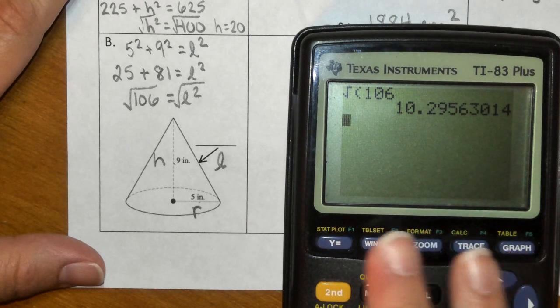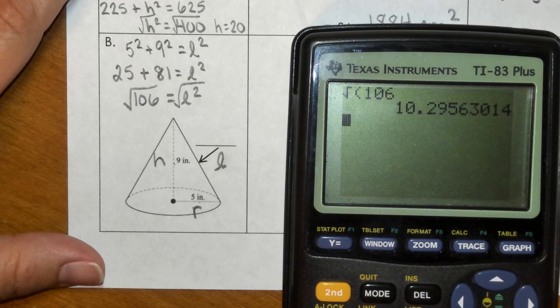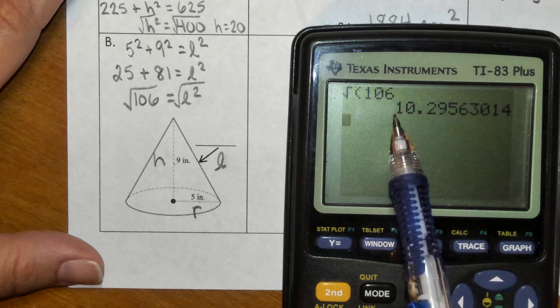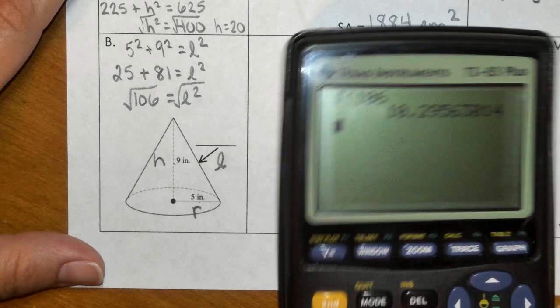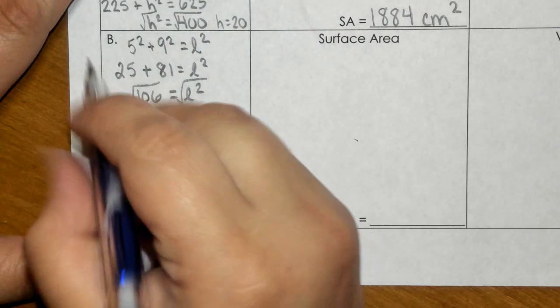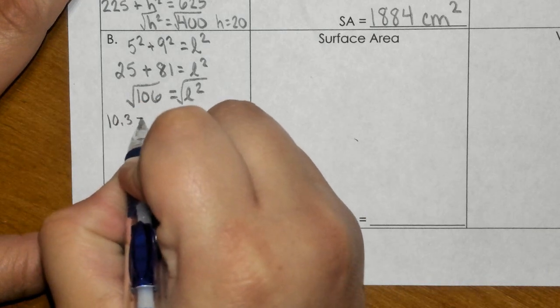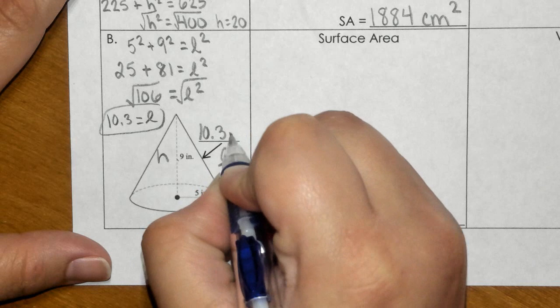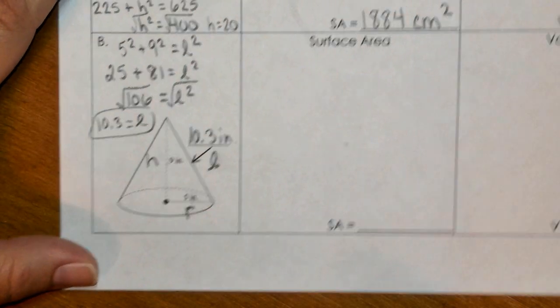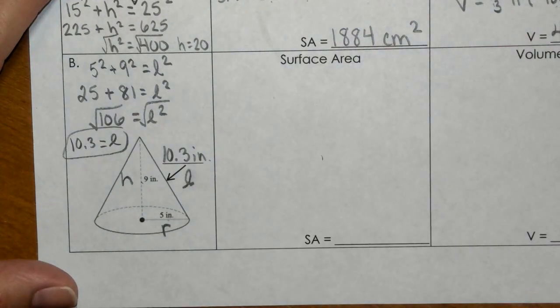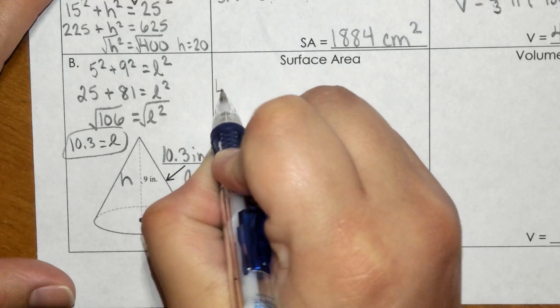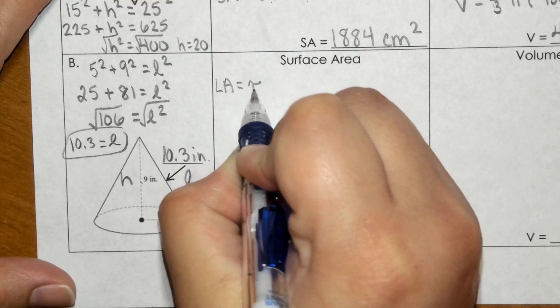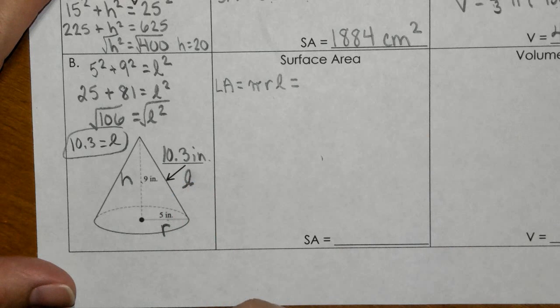All right, well, obviously I can't use this big number over and over again, so I'm going to go ahead and round this to the nearest tenth. So 10.3, and then I will use 10.3 in all my calculations. All right, so now, working with surface area, I work with that lateral area first, pi RL.